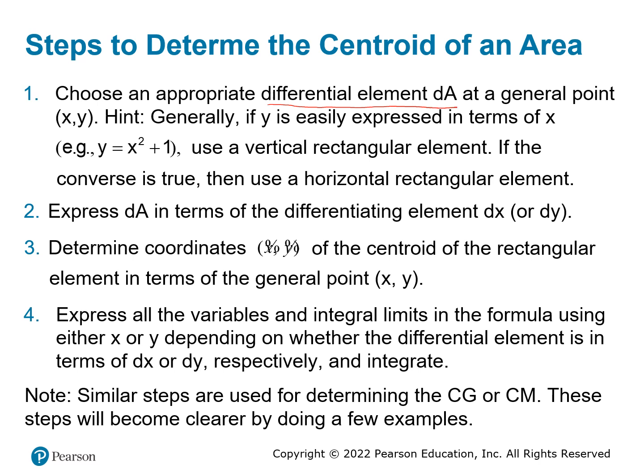It's critical, because if you don't see how we separate the object into smaller areas, you might not be able to do the calculation, and most of them will require you to use integration.